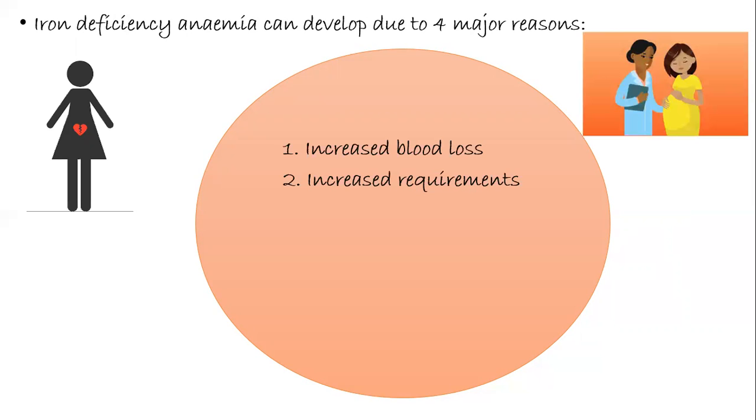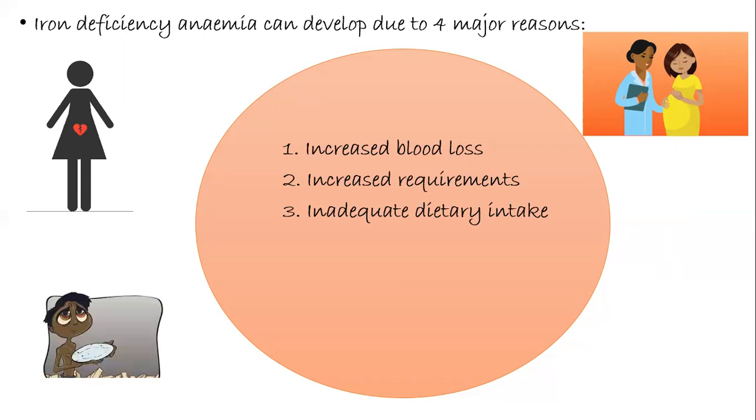This increased requirement is mostly seen in teenage children, because the body demands more iron, and also the requirement is increased in pregnant women. Then the third reason is inadequate dietary intake that occurs in undernourished persons, and the fourth is decreased intestinal absorption.